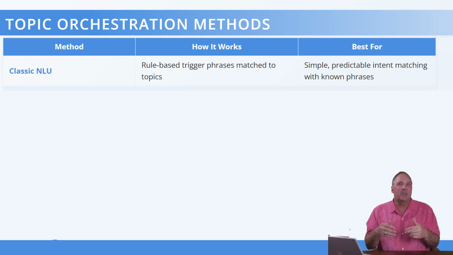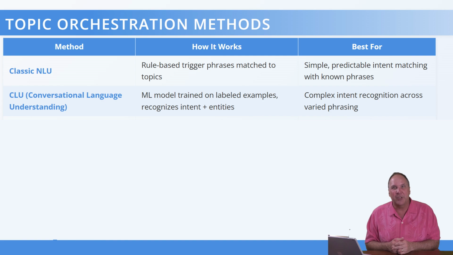Then there's CLU, or conversational language understanding. This is a machine learning model. You train it on labeled examples. You provide dozens of sample utterances and tag them with the correct intent. The model learns patterns and can generalize.